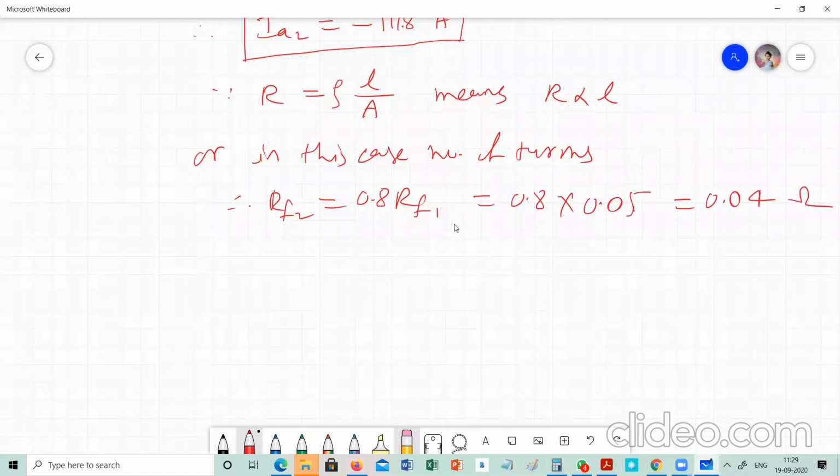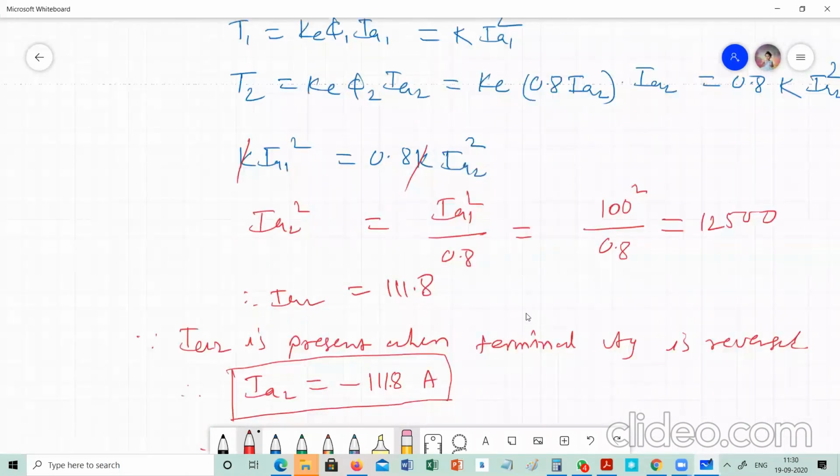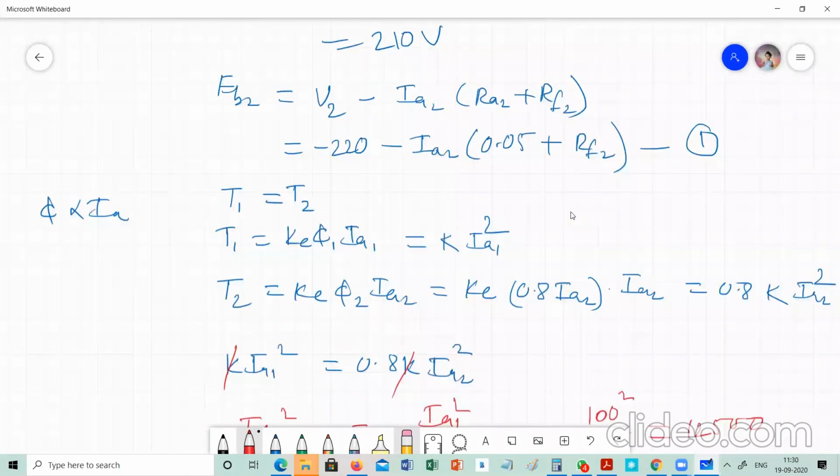आता आपण EB2 कॅल्क्युलेट करू शकतोय. EB2 चं इक्वेशन इथे लिहितो मी. EB2 is equal to minus 220 minus IA2 into 0.05 प्लस RF2 असं इक्वेशन आहे.